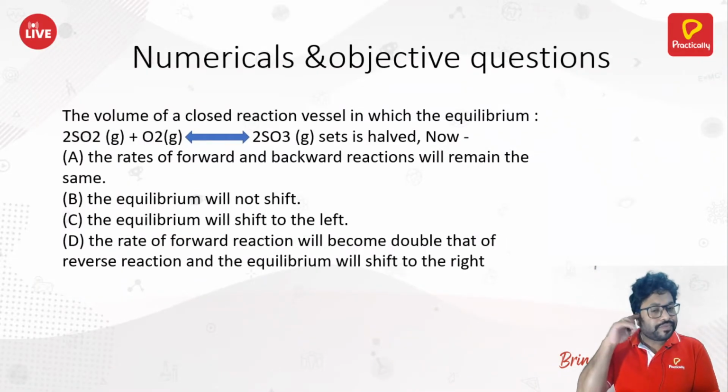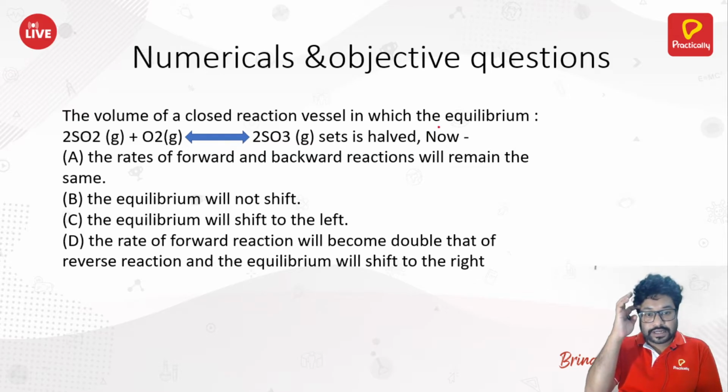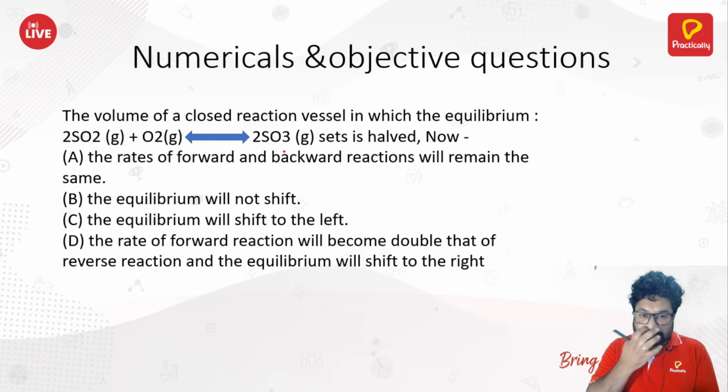Now, this is a kind of objective question. What does this question say? The volume of a closed reaction vessel in which the equilibrium 2SO2 reacts with O2 to give 2SO3 is halved.